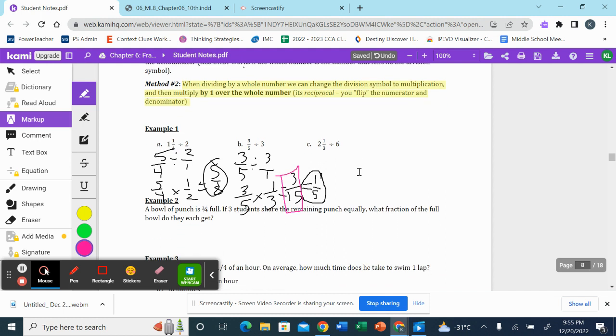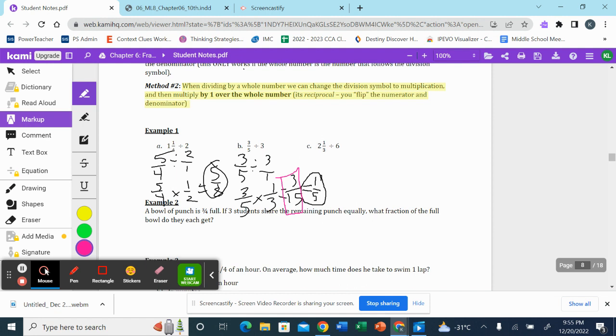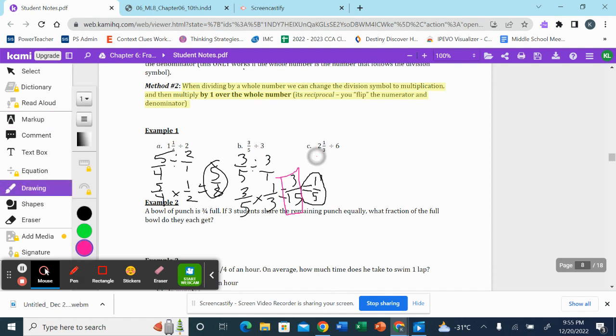Okay, 2 and 1/3 divided by 6. I'm going to write up here so I have more room. First, I need to change my mixed fraction to improper. So 2 times 3 is 6 plus 1. We have 7 over 3 divided by 6. And remember, any whole number is just 6 over 1.